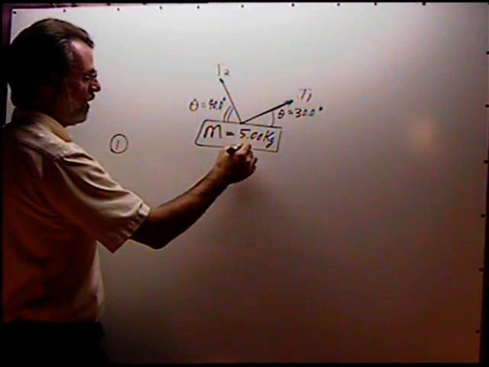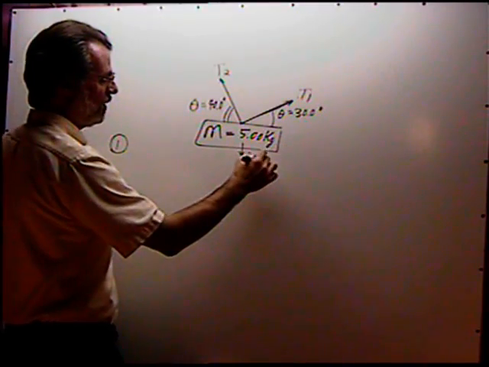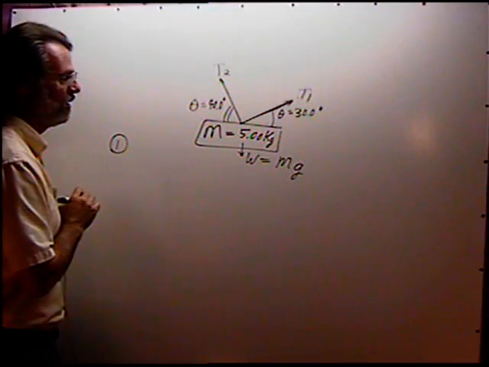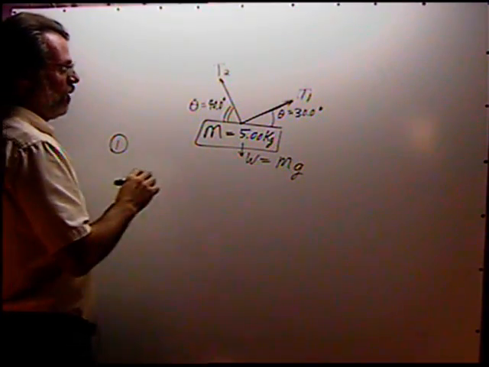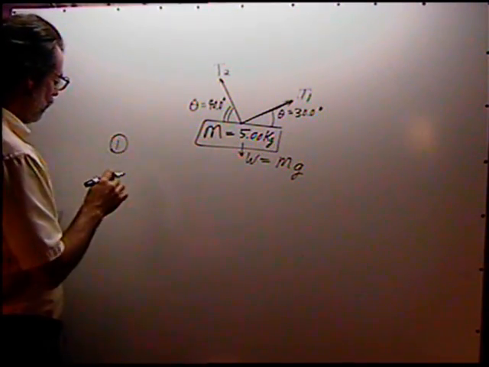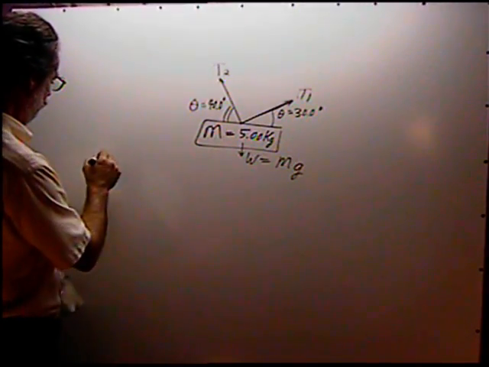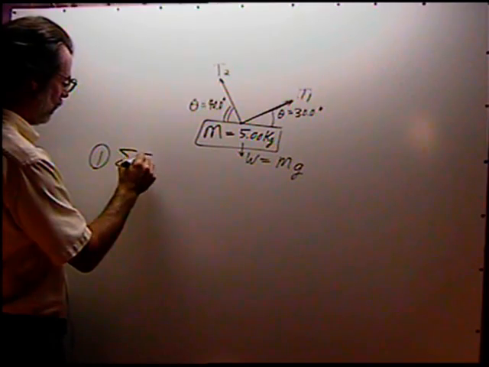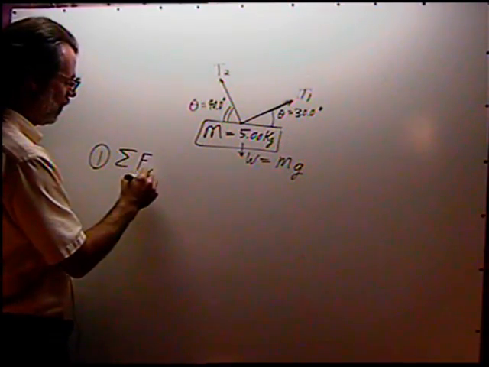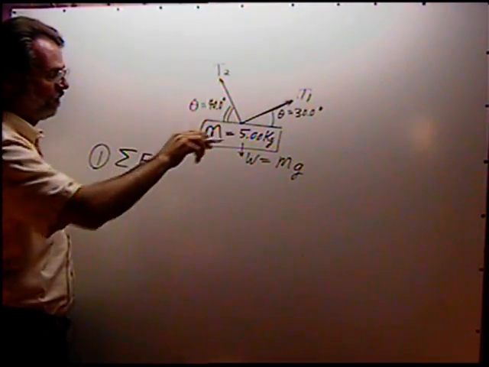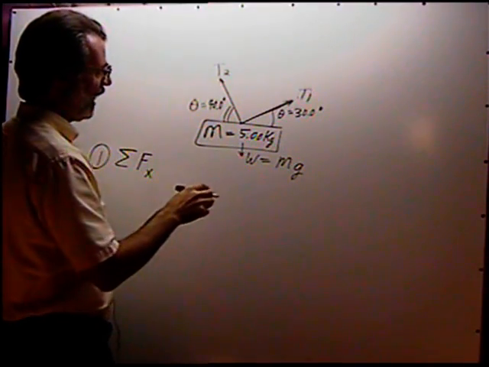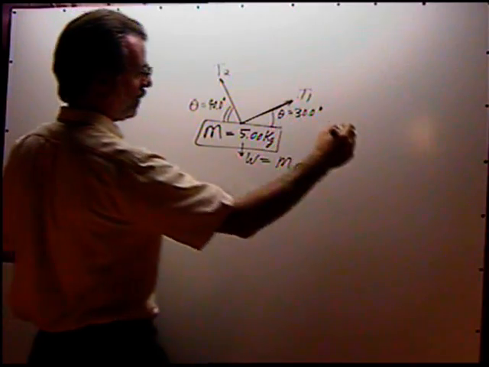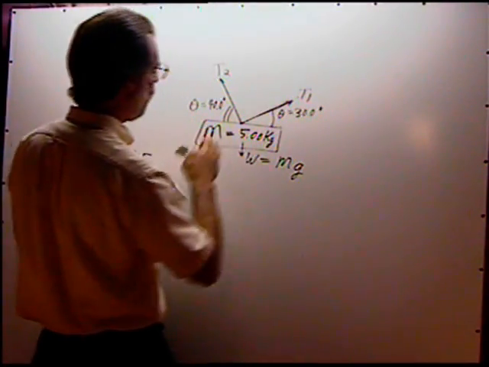So we know that acting down, the weight is acting down, which is mg. Okay. So let's look at the sum of the forces in the horizontal, I'll call it x dimension. What I'm going to do is to clear this diagram up just a little bit.